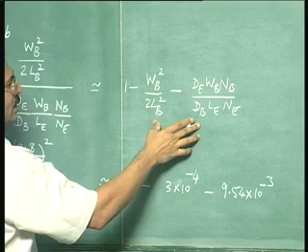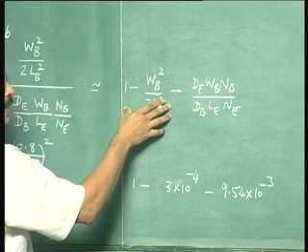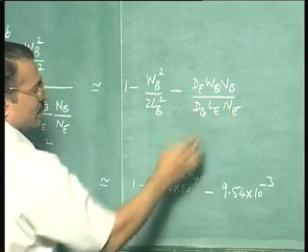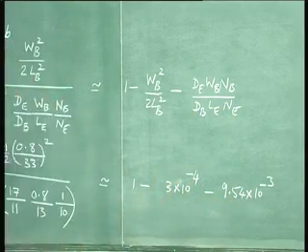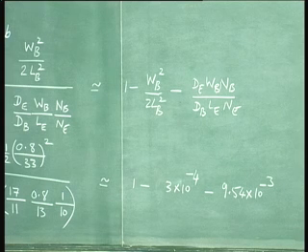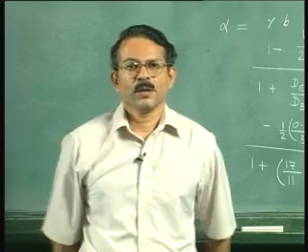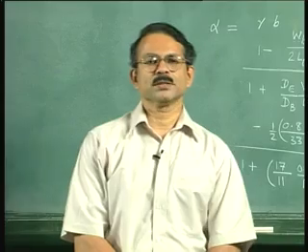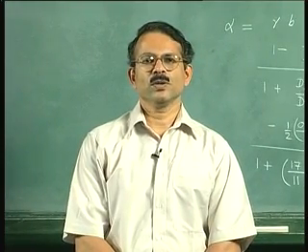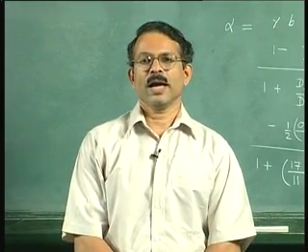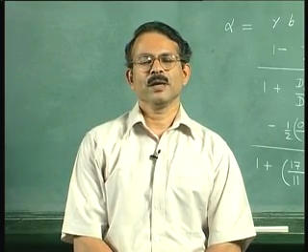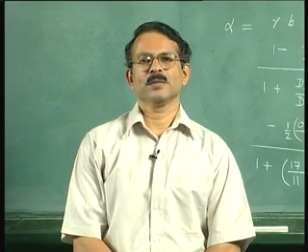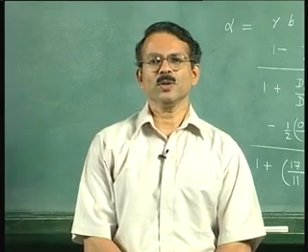Thus, in modern transistors, the base transport factor is not the one which controls the alpha, it is the injection efficiency. Since this is much less than this, even if you neglect it, you will still get a very close answer to the accurate value of alpha. So this is the value of alpha. Now you can go through the calculations and you will find alpha is equal to 0.99, and since beta is alpha by 1 minus alpha, that would be 0.99 by 1 minus 0.99, so you will find beta is equal to 99.